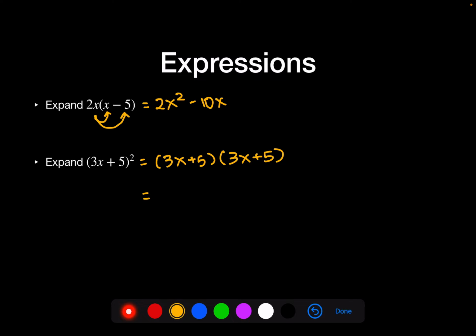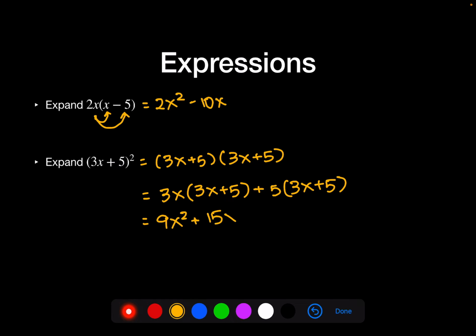Firstly, you're going to be taking 3x and multiplying that by the stuff in the bracket, which is 3x plus 5. And then you have to add 5 times the thing in the next bracket, which is 3x plus 5 again. Once you've done that, you can do the same thing that we did before. 3x times 3x: 3 times 3 gives you 9, and x times x gives you x squared, so that's what we get first. Plus 5 times 3x: 5 times 3 is 15, multiplied by x, so you get 15x.